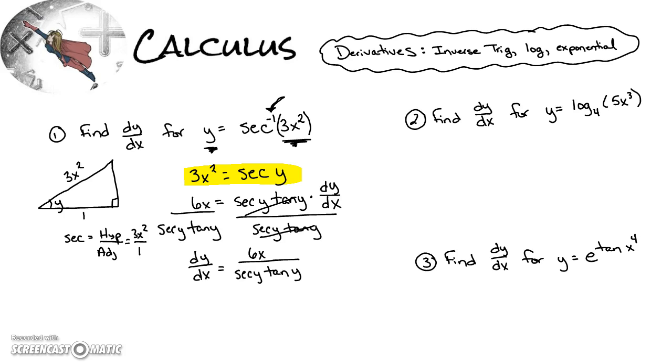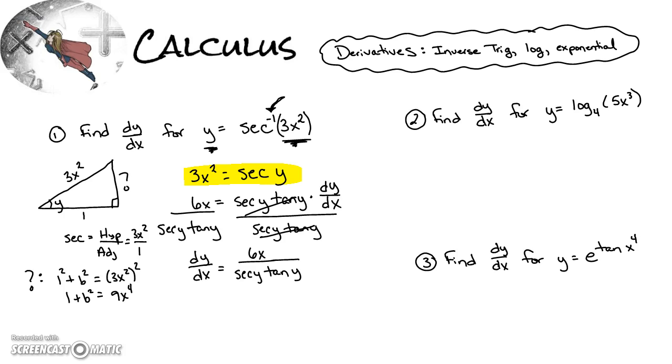So we're going to figure out what this missing side is by using the Pythagorean theorem. So to get this question mark, I'm going to say, well, 1 squared plus, let's call it b squared, equals 3x squared squared. And then just isolate the b squared. So 1 plus b squared equals 9x to the 4th altogether.